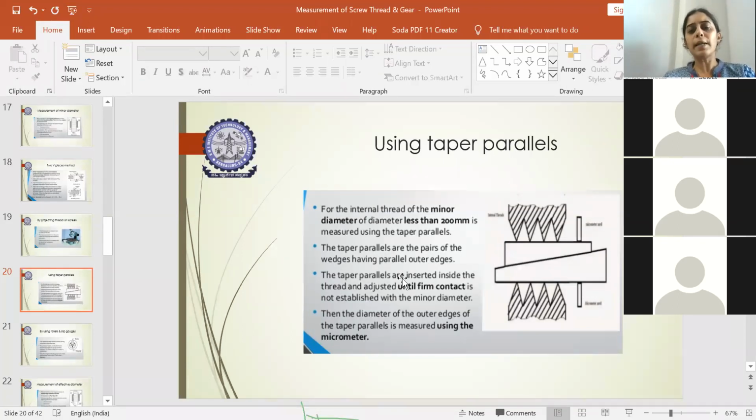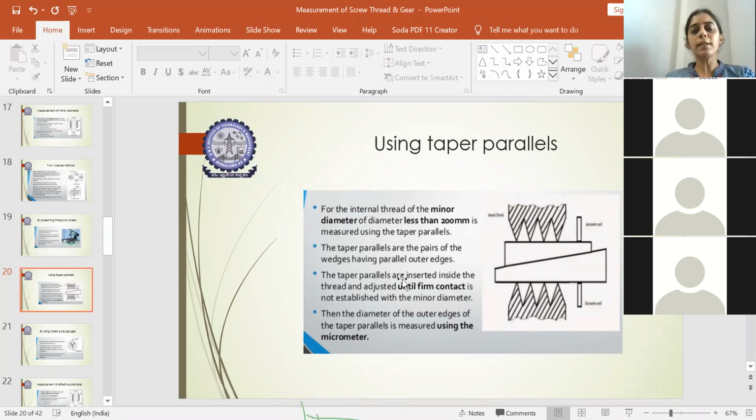These taper parallels are inserted inside the thread. Here this is a standard cylindrical object; later you can insert that with respect to the screw threads. When you have a screw thread, you have helical grooves. So these wedges will pierce inside the helical groove and help in determining the minor diameter.